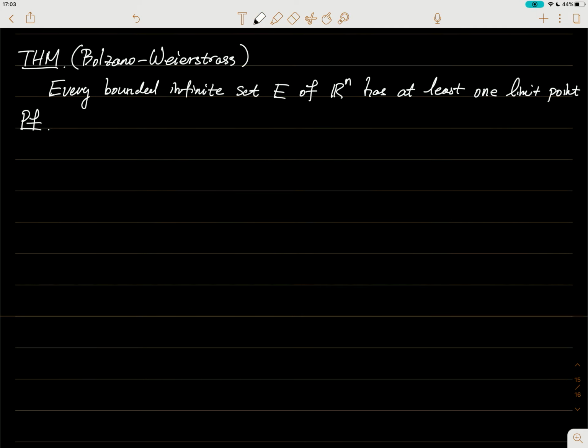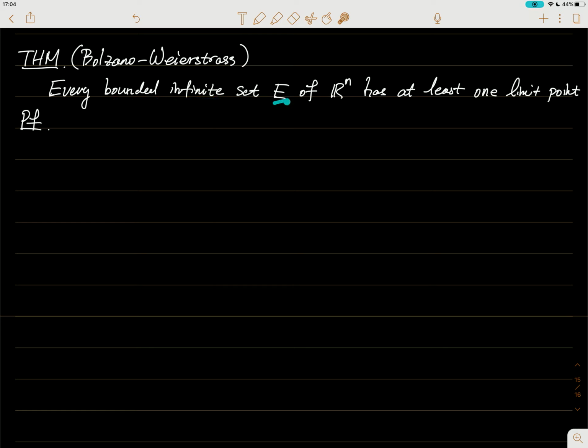Okay, next we show a very useful result that is an extension of the Weierstrass theorem you learned in analysis. So it is called the Bolzano-Weierstrass theorem. What it says is every bounded infinite set E of Rn. So there are two keywords: the set E is bounded and infinite, which means that it contains infinitely many points, but they're all in a bounded set.